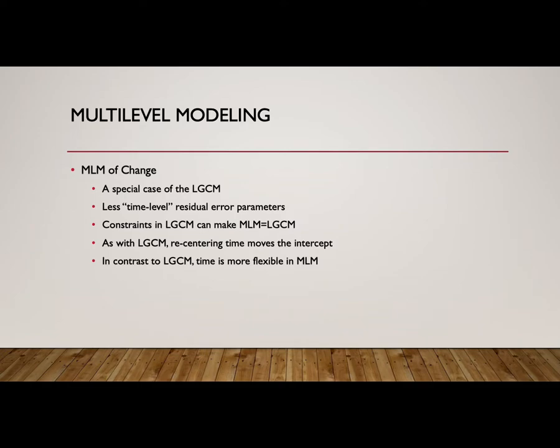In latent growth curve modeling, you're going to have participant 1, participant 2, participant 3, participant 4, and then time 1, time 2, time 3, time 4, and your data is structured like this, with scores like 3, 3, 4, 5, 5, 4, 5, 7, 6, 7, 9, 8.